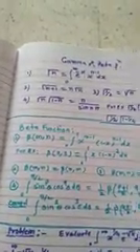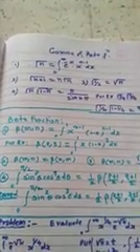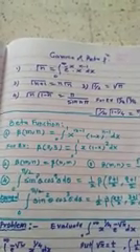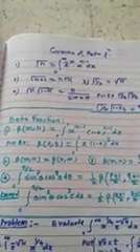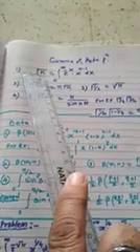But when gamma is there, 0 to infinity e raised to power minus x, and then x raised to power n minus 1. N minus 1 means any power. When the power is n minus 1, the answer is gamma n.